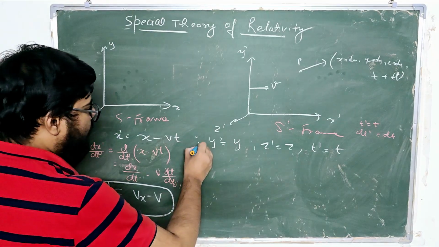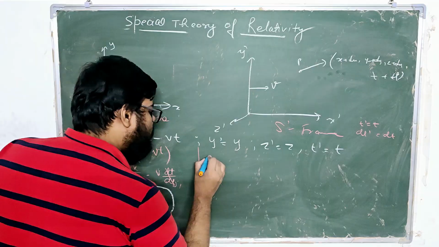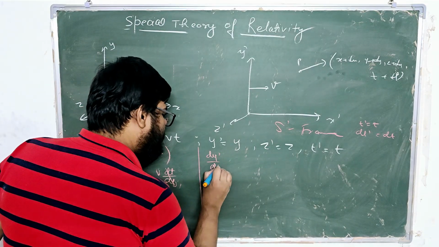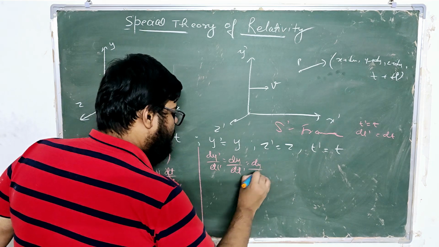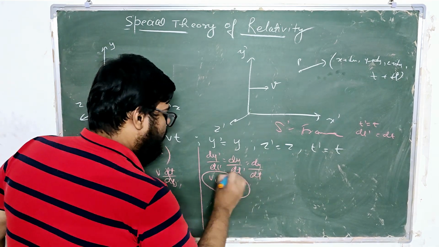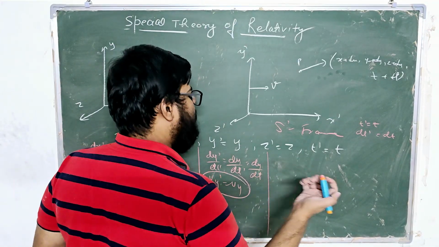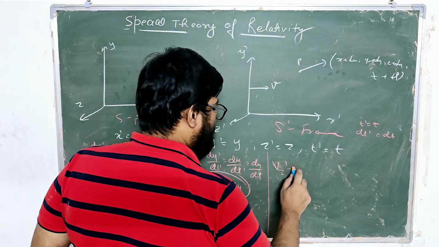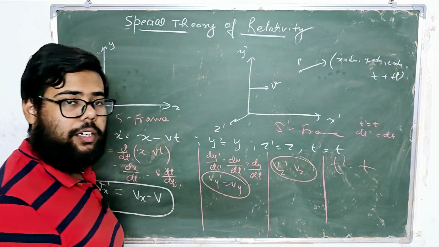Similarly, you will apply the same maths for this. So you will have dy dash by dt dash is dy by dt, hence vy dash is equal to vy, and similarly vz dash is equal to vz. Okay, and of course, t dash is equal to t will still hold.